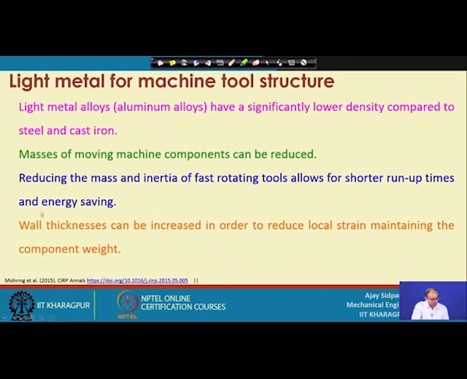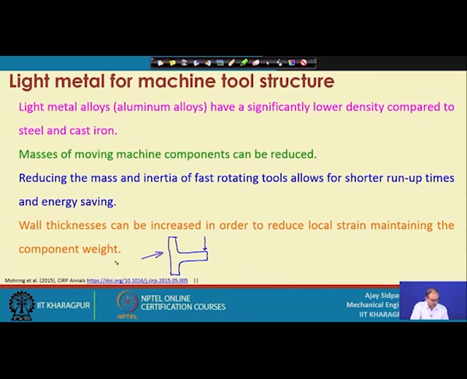Right. And wall thickness can be increased in order to reduce the local strain, maintaining the component weight. Now, how will it help us in this case? Now, consider this is the component, let me draw it again. This is the rib and you consider your force is at this location.